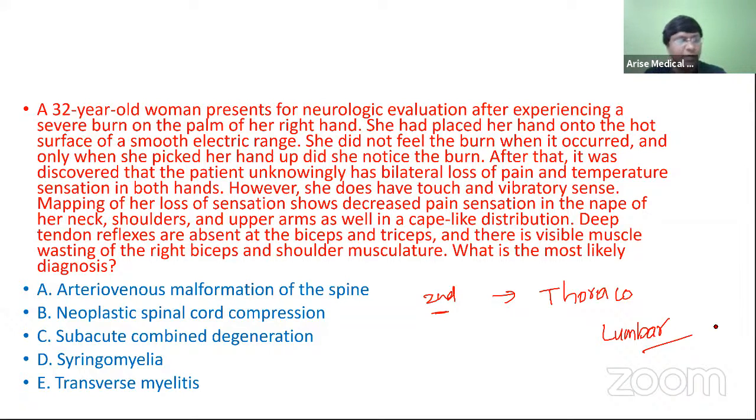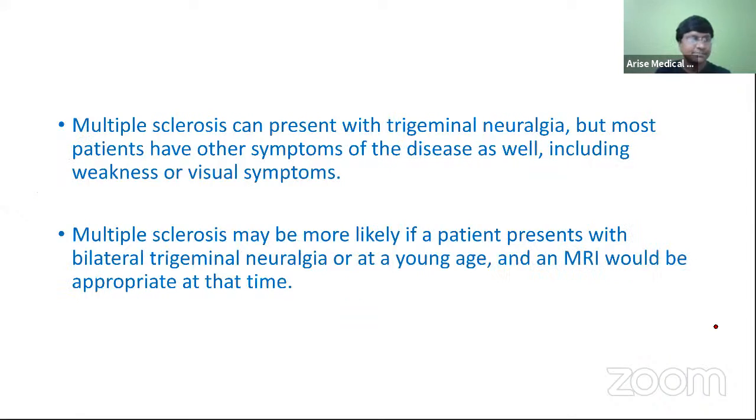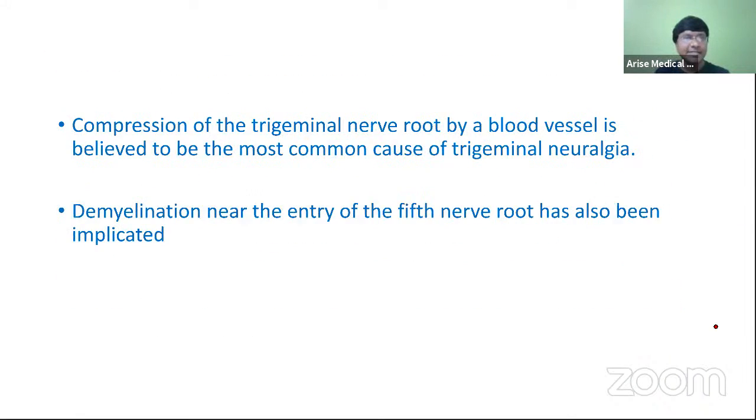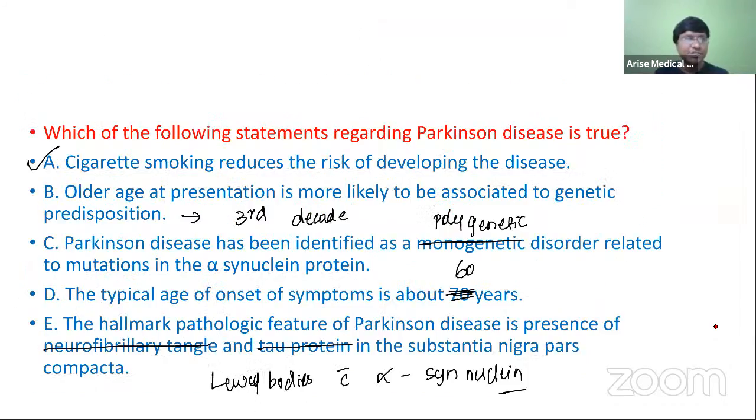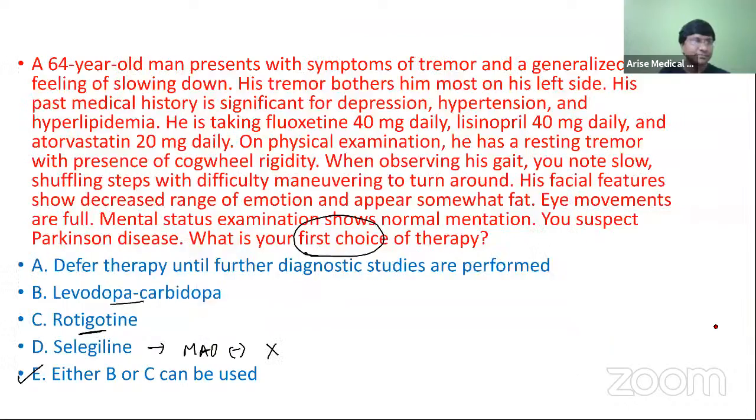So now let me summarize all the clinical scenarios that we have discussed today. The first question we discussed is about Parkinsonism. In Parkinsonism, what is the first choice therapy? Levodopa, carbidopa. And apart from that, what is the next first choice therapy which has recently been started?